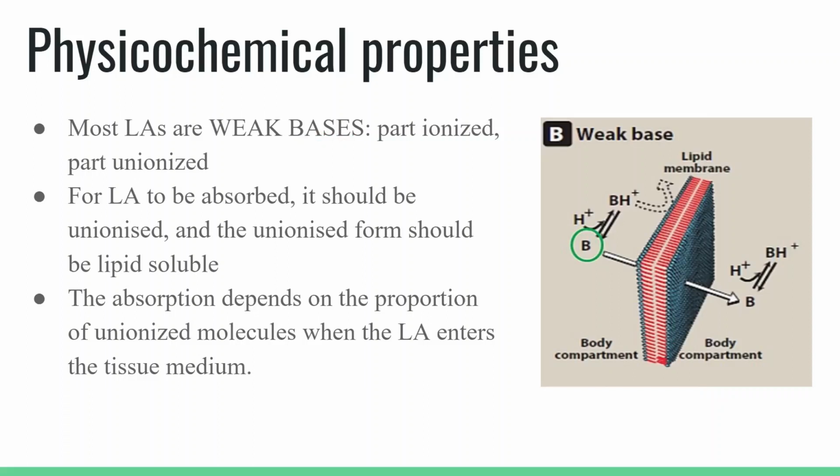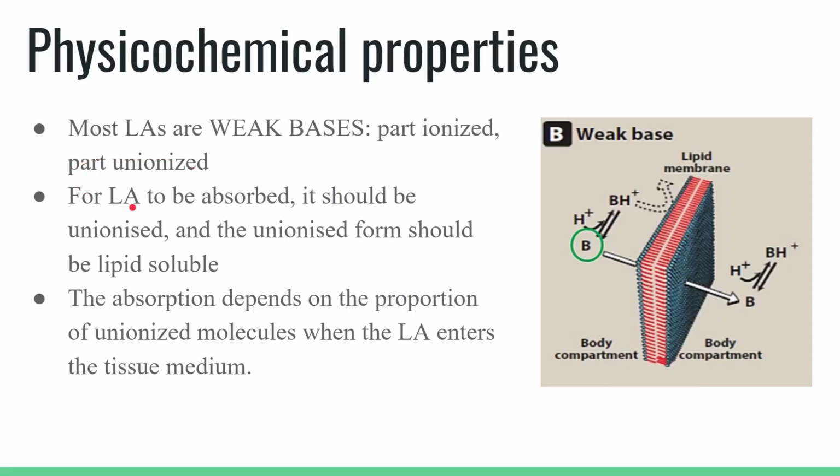This is the majority of local anesthetics. So a weak base, when you drop it in a solution, for example, of a neutral pH, a pH of 7, it's going to be part ionized and part unionized. Right? It's not going to dissociate completely. Part of it is going to be dissociated and ionized, and the other part is going to be unionized. But this is very important.